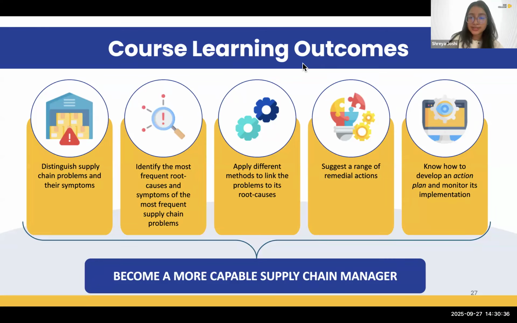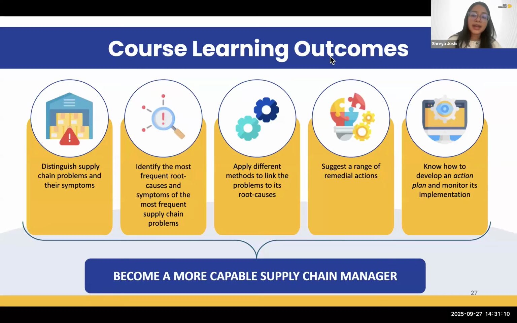You would be suggested a range of remedial actions based on the problems you've come across and that you would be sharing with our trainers also. And finally, you would know how to develop an action plan and monitor its implementation, which is the most important step.